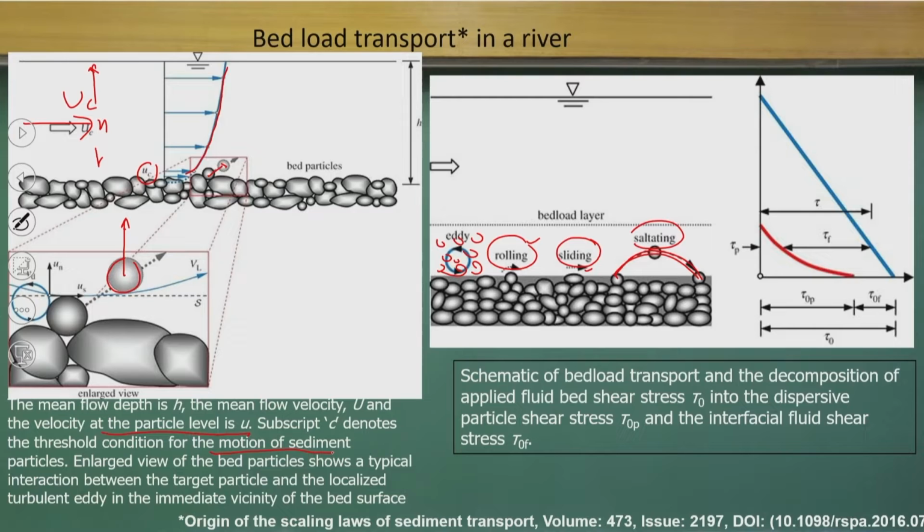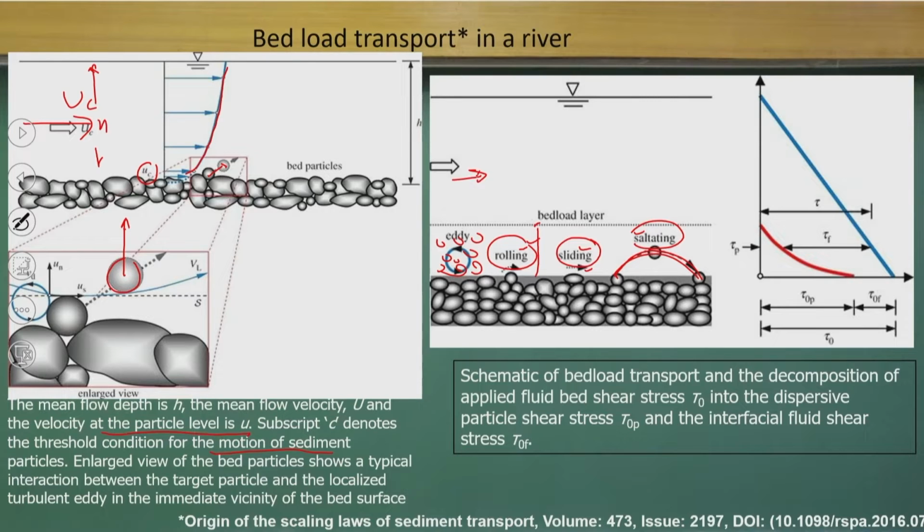So, if you look at that, the bed materials can have rolling, sliding, or silting. It will have a certain thickness where the bed materials will be quite significant. As a result of the movement of the bed materials with the flow, there will be two shear components acting on this, decomposed into two parts.